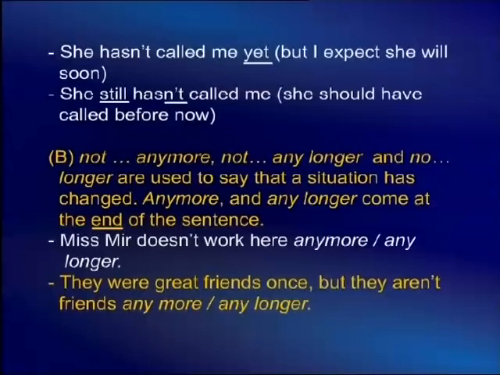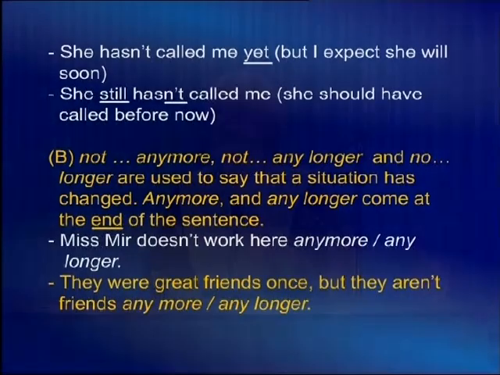When you say, "She hasn't called me yet," it is implied that I expect she will soon. But when you say, "She still hasn't called me," there is the implication that she should have called by now. So, "still" shows a stronger impatience on the part of the speaker.